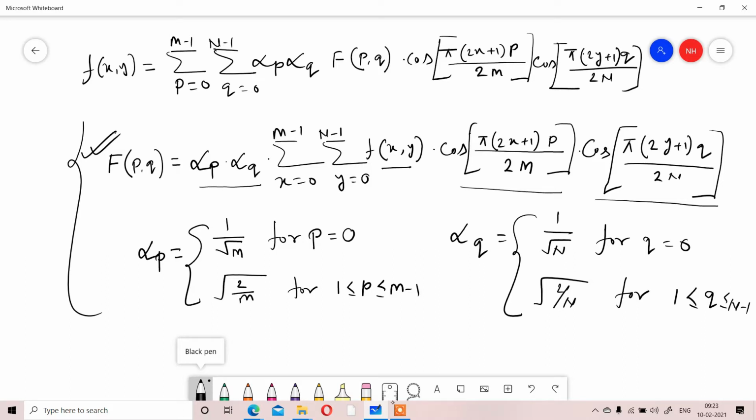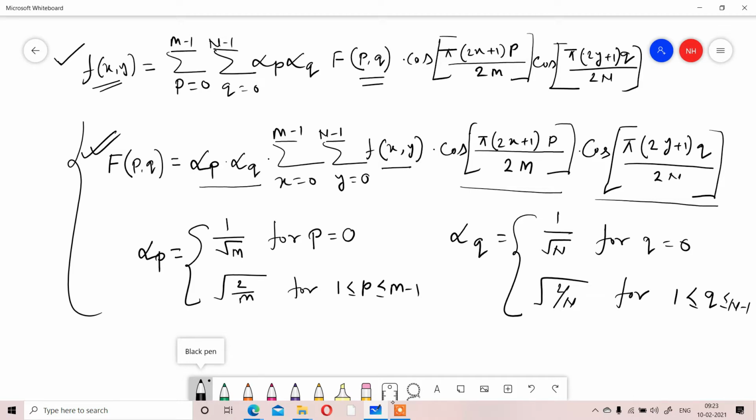So alpha p and alpha q will be within the summation, as the summation varies for p and q. This formula gets the original image fxy from the transformed image fpq.